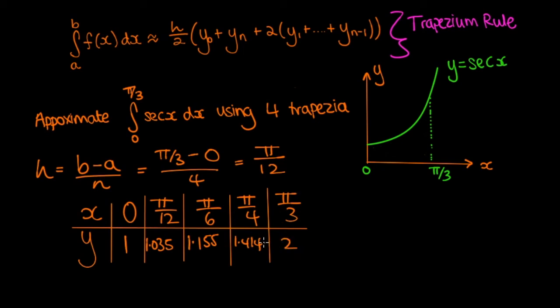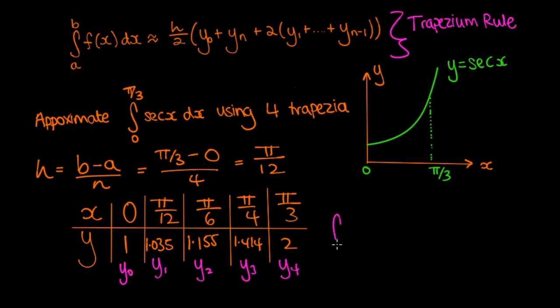So we've got our values of y, we've got our value for h, so now we can just plug it into the formula and see what we get. This value of y is y0, this is y1, y2, y3, and y4.